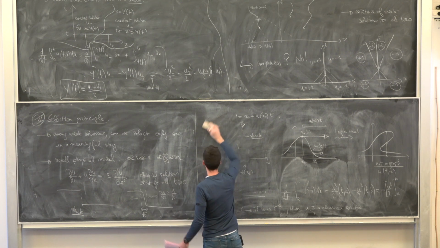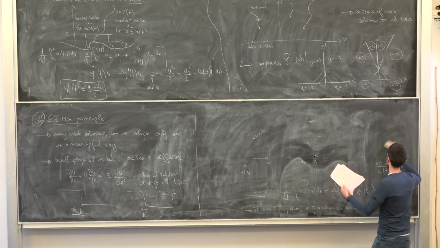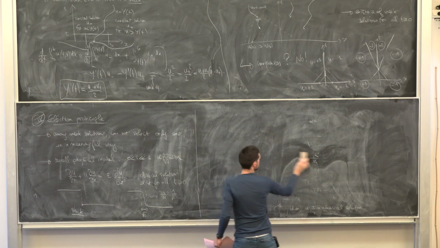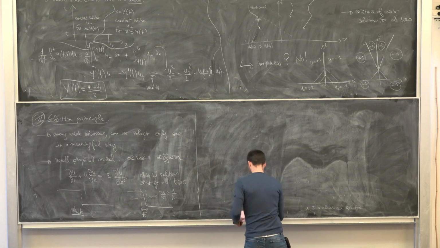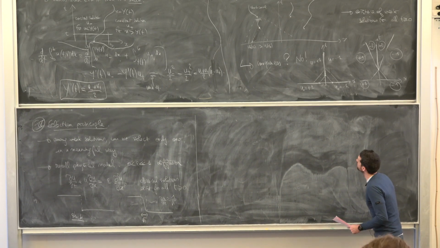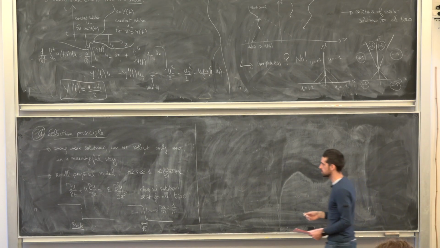Okay, so that's something, but how is it helping us with our selection principle? Let's see. Let's try to come back to our weak equation and try to understand it a little bit better.